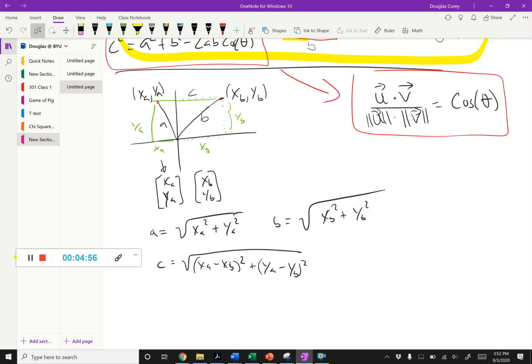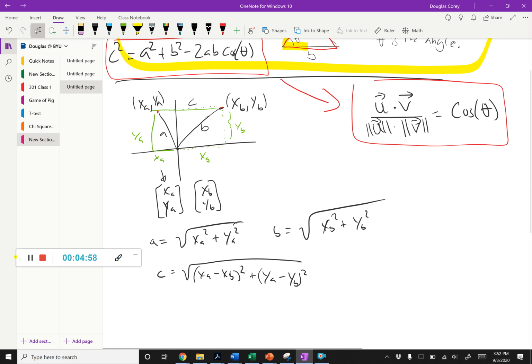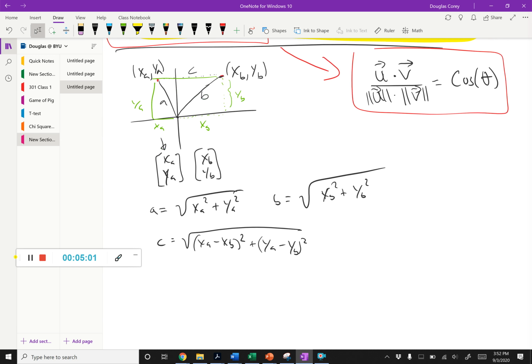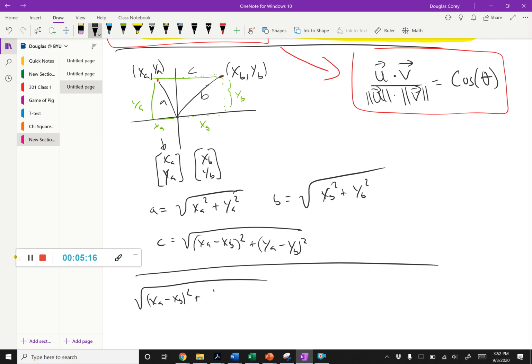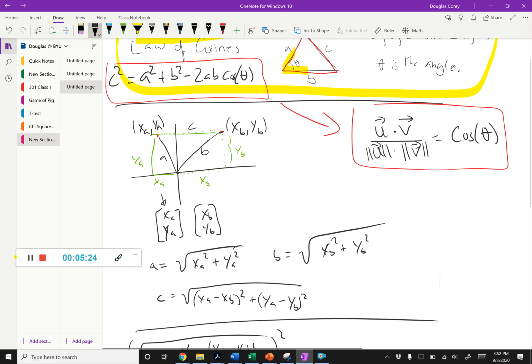So those are all of our lengths, and now we're going to plug those into the law of cosines. So we get the square root of x a minus x b quantity squared plus y a minus y b quantity squared, all squared. So this is c squared right there.